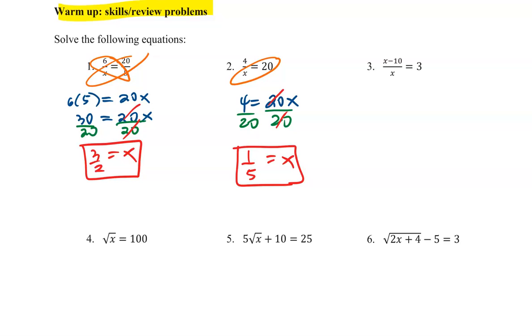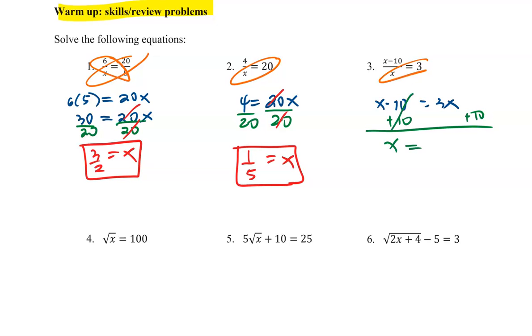Next, number 3, let's cross multiply, just like what we did for problems 1 and 2, so that we have x minus 10 is equal to 3x, and we can add 10 to both sides.